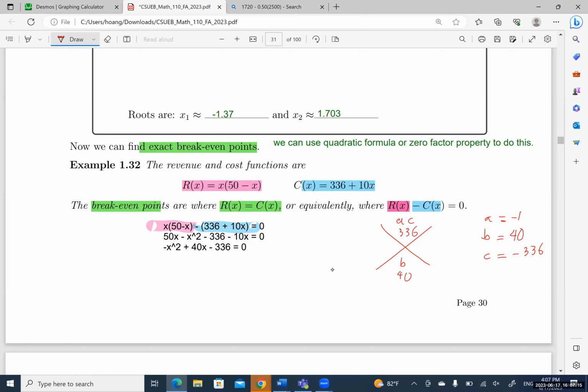So it's going to be 12 and 28, right? According to the answer key, I can have these numbers, but I want to make sure, okay? So I have 12 times 28. What is that? 336. Yeah, that's good. 12 plus 28 equals 40. Oh, that's good too.